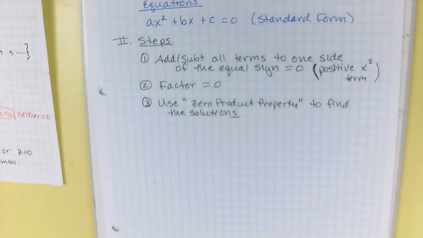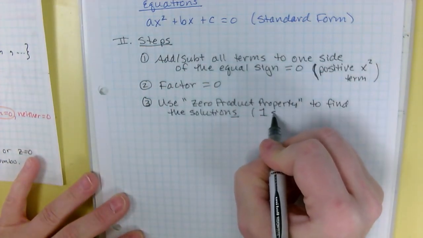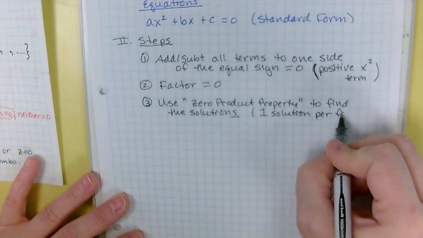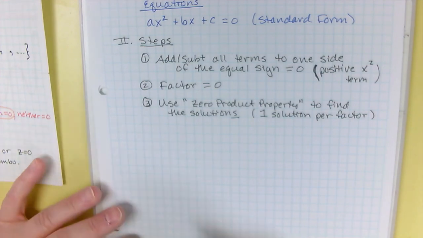You won't just have one solution. And in general, it is one solution per factor. And we'll talk more about that later. So now you have your list of solutions, one solution per factor.